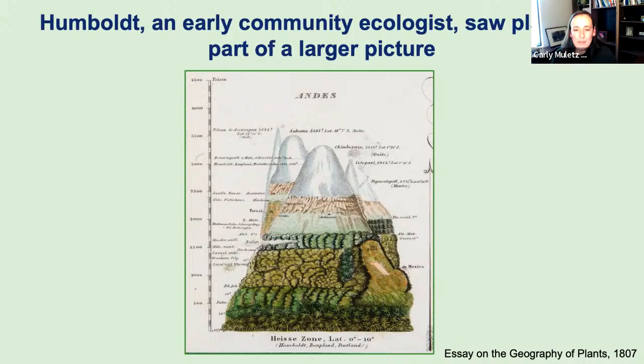What he was trying to understand is, how can we explain the diversity of plants, similar to how we're trying to explain the diversity of microbes? His observations were that certain plant groups were distributed across elevational ranges across different mountaintops. So he started to see that these communities of plants were part of a much larger picture.